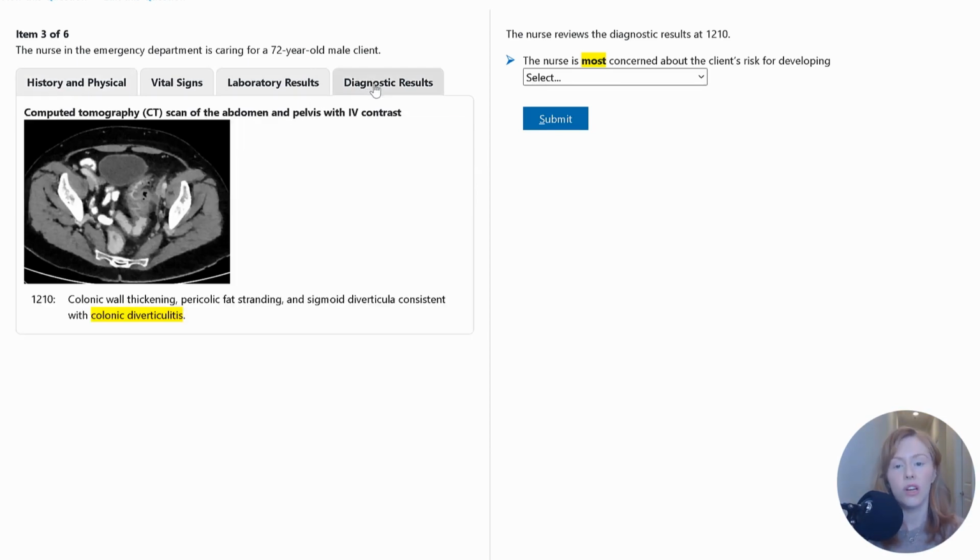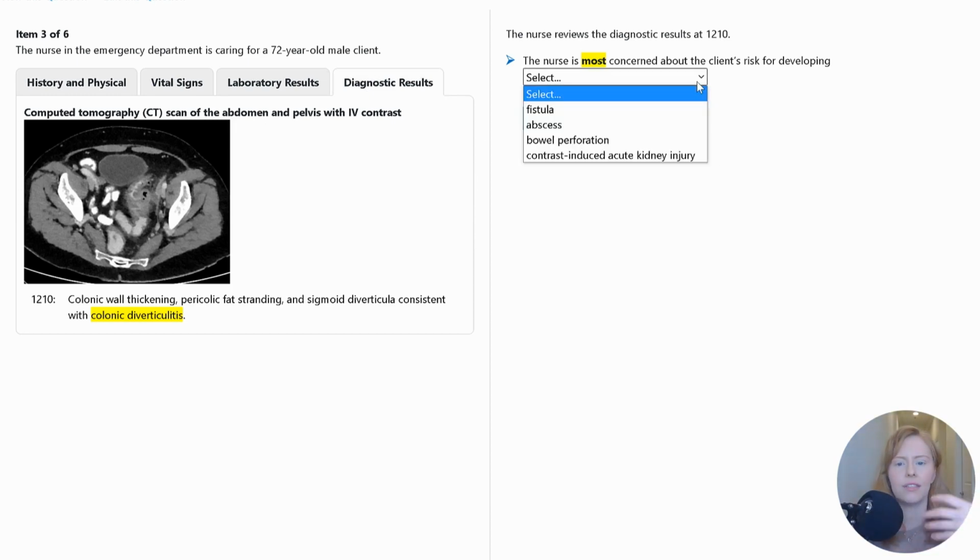So this could happen. If it does happen, it's going to take a couple of days of treating with IV fluids where he might have some risk for electrolyte imbalances or further fluid imbalances, but this is not as immediately concerning and as dangerous as if he develops a bowel perforation. So that's the one I'm most concerned about.